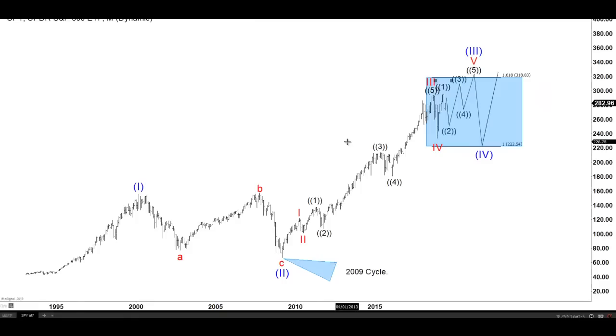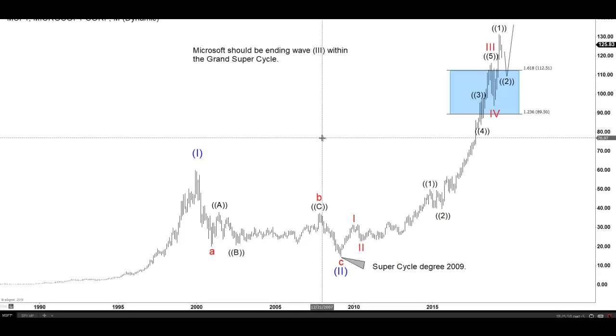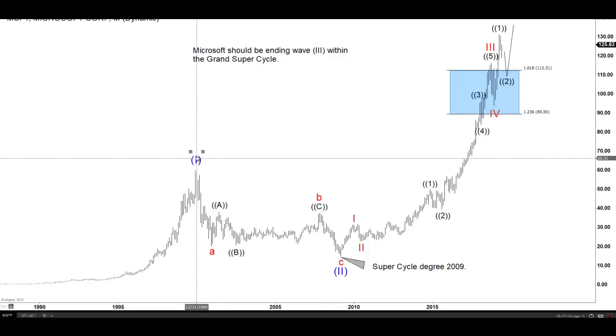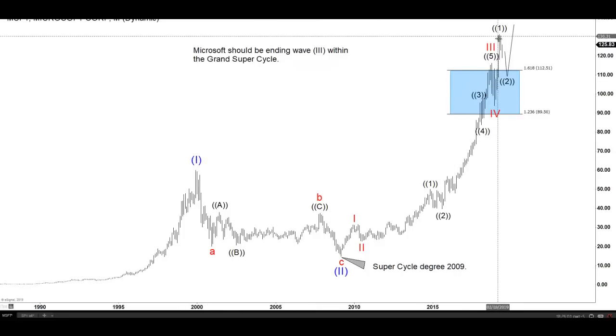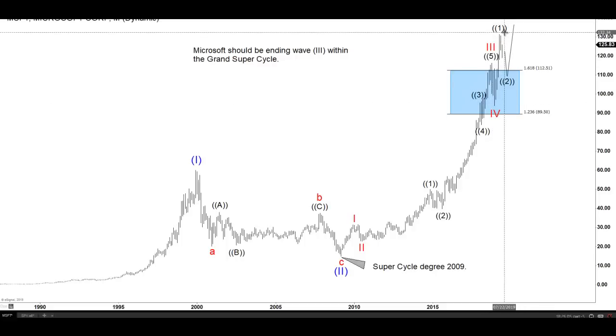If we take a look in SPY, that level has not yet been reached, which is 318. So Microsoft is confirming to us that this is an impulse, and that today we are at levels that are laboring like an extension within the wave 5.